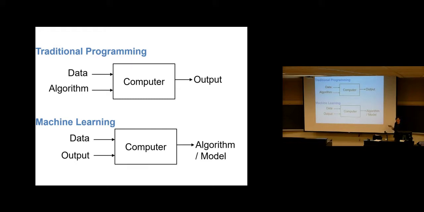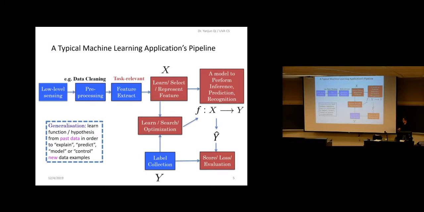But that's just part of the whole pipeline. A typical machine learning application pipeline includes more, and it normally starts from low-level sensing, pre-processing, and feature extraction. All 3 are more domain-related or task-specific.